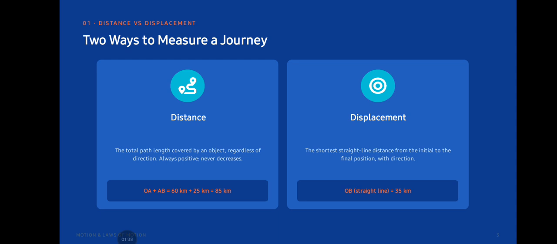That is distance. OA plus AB equals 60 km plus 25 km equals 85 km. Next comes displacement: the shortest straight line distance from the initial to the final position, with direction. OB is the straight line, equals 35 km.